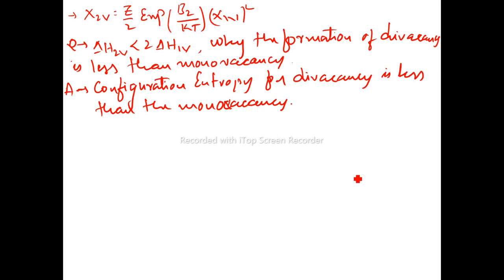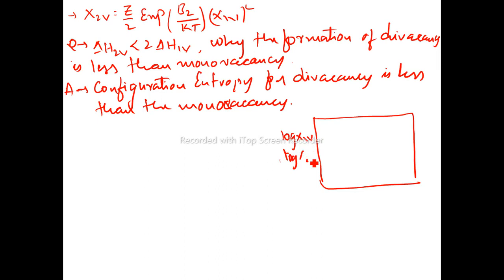One of the papers has given this. The graph is plotted with the log of x1v and log of x2v against 1 by T, the inverse temperature.